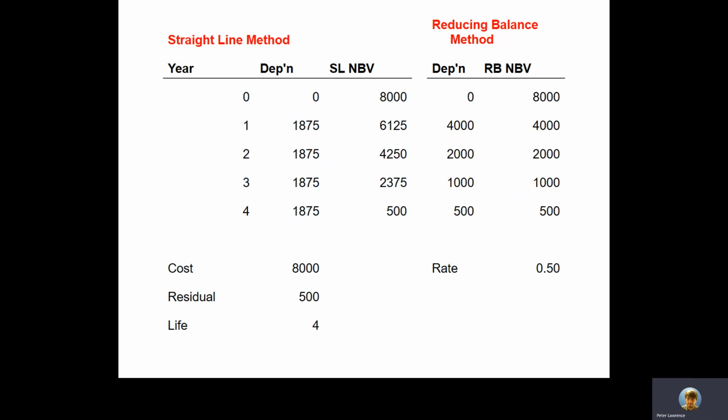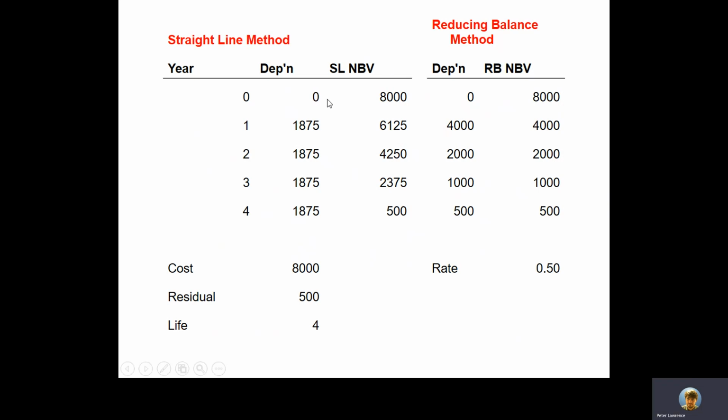As soon as you put your key in and turn the ignition, that car loses about 25% of its value, simply because it's now second-hand. So the reducing balance method takes away most of the value of the asset within the first few years. It's a more accurate method for items like vehicles and modern technologies, which go out of date quite quickly.